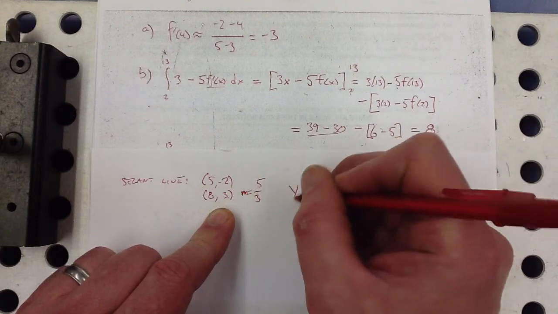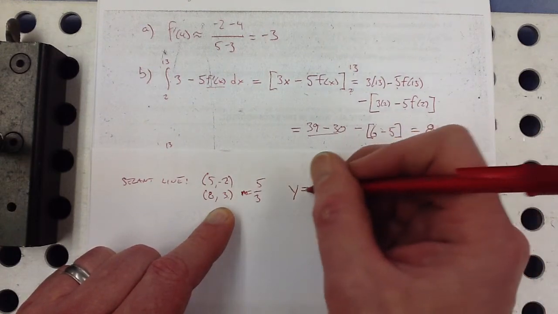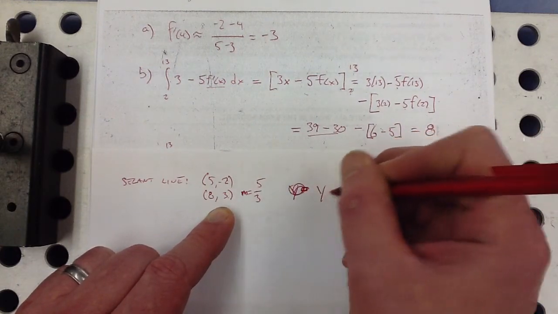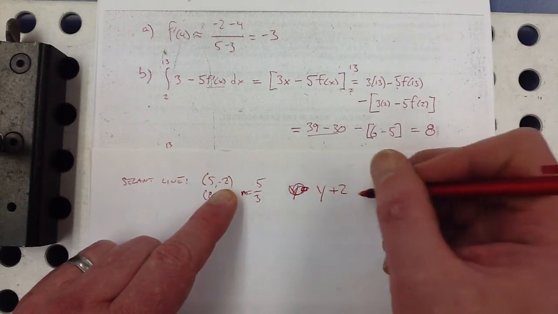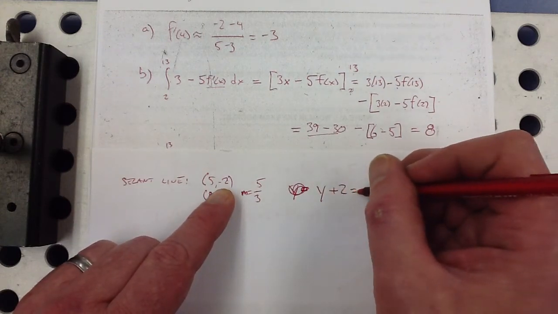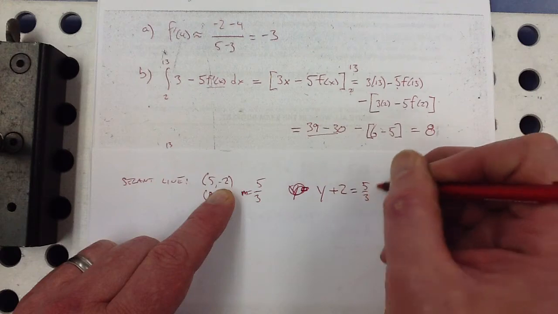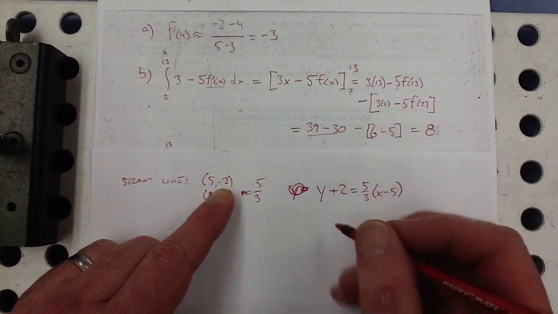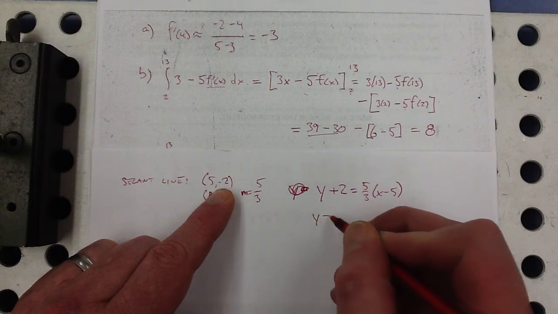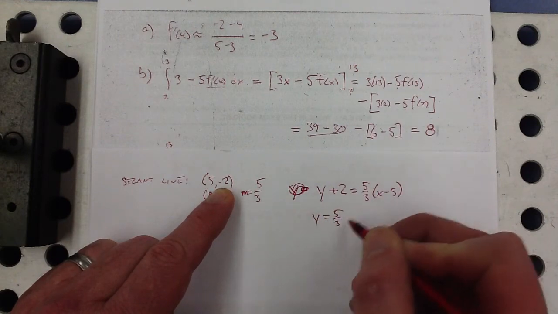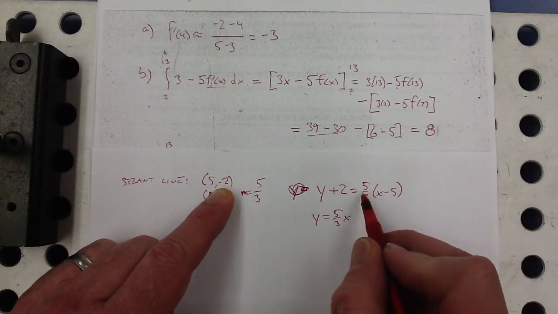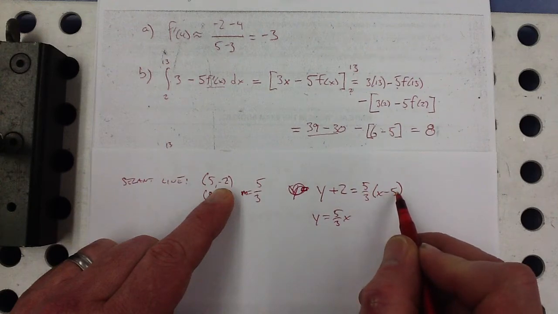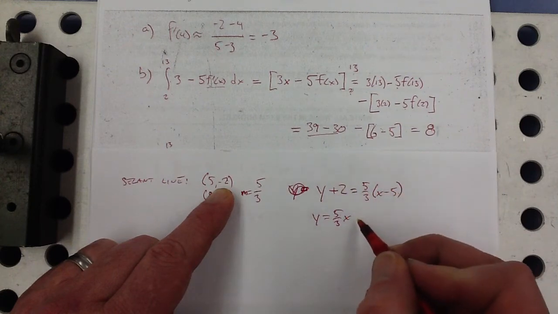So that gives me y minus, I'll use the same point, negative 2 is equal to m times x minus 5. So that's, let's see, y equals 5/3 x, minus 25/3 minus another 6/3.